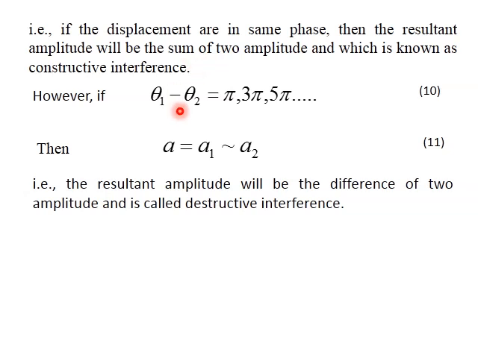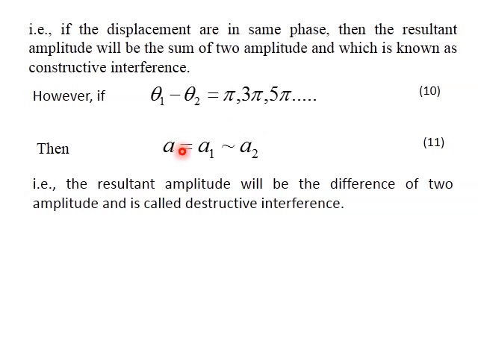Now if θ1 − θ2 is not 0, 2π or 4π, etc., but it is π, 3π, 5π, etc., in that case what will be my A? My A will be A1 − A2. Why? Because cos π is −1, so I will have A equal to the square root of (A1 − A2)².